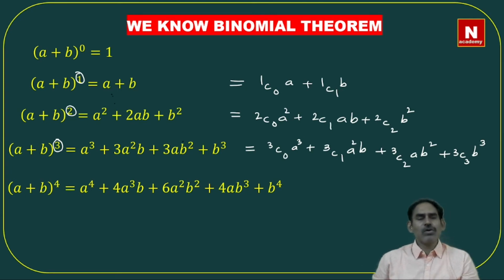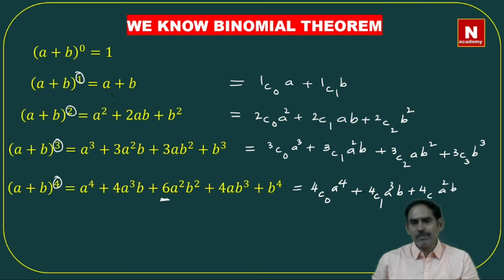Now, (a plus b) whole power 4. Here the index is 4, so we write 4c0 into a power 4, with 4c0 to 4c4. Here 3c0 to 3c3, 2c0 to 2c2, 1c0 to 1c1. Next, plus 4 can be written as 4c1, whose value is 4, so a cube b. Next, plus 4c2 is nothing but 6. This 6 can be written as 4c2 into a square b square.